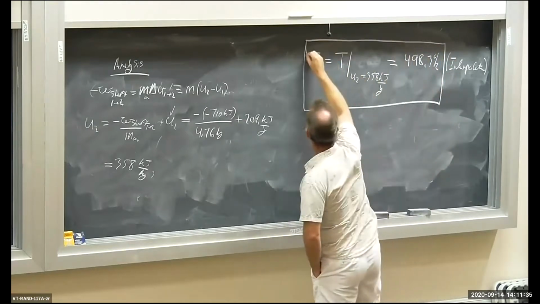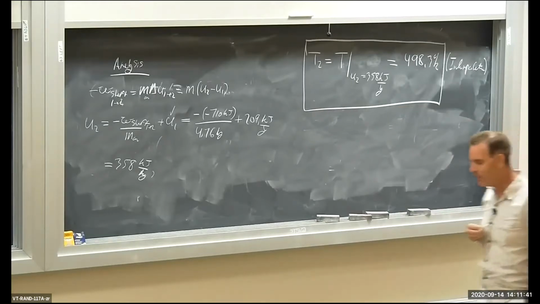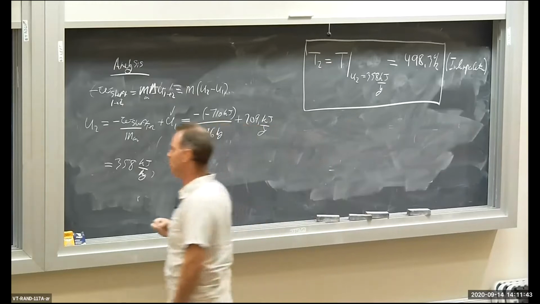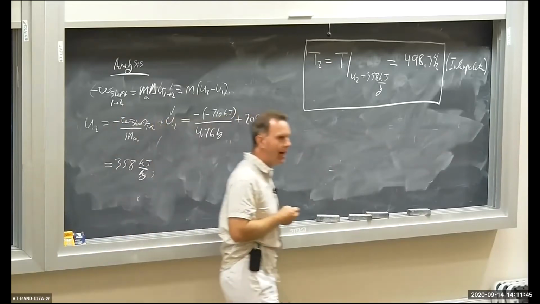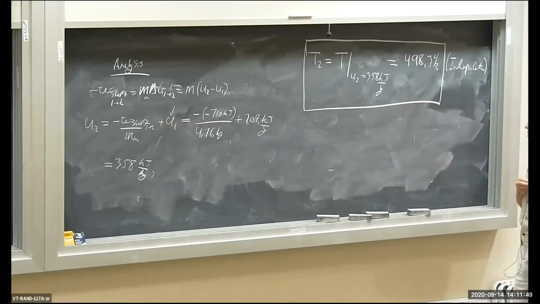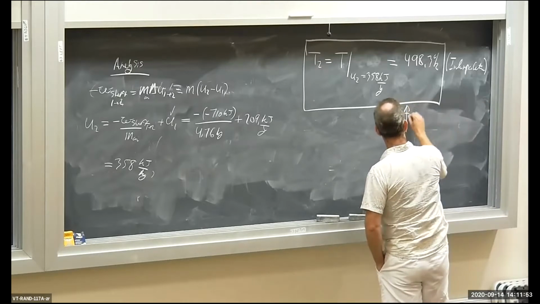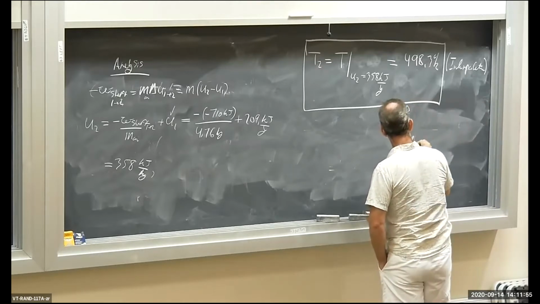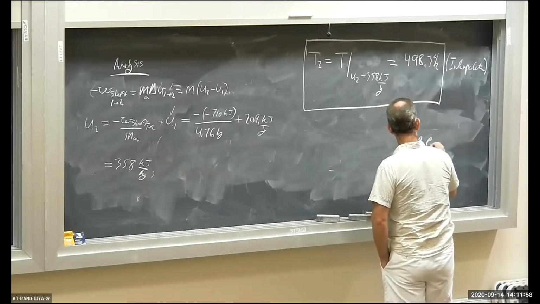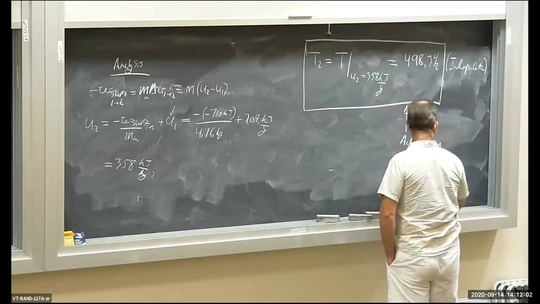We got 500 degrees using constant specific heats and 498 degrees using variable specific heats, that is, this is the true temperature in the container at state 2, the actual temperature.